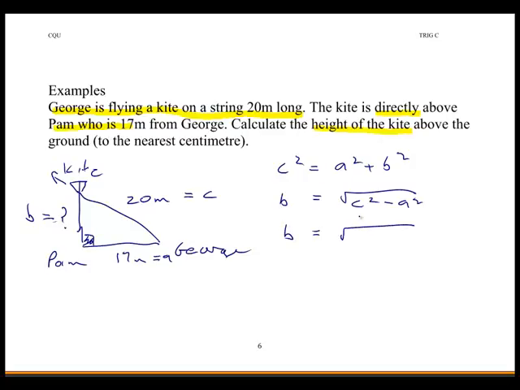Put the numbers in. Remember the units, which is metres. And like I said, you can give it in its decimal form, that's fine. Remember to answer the question.